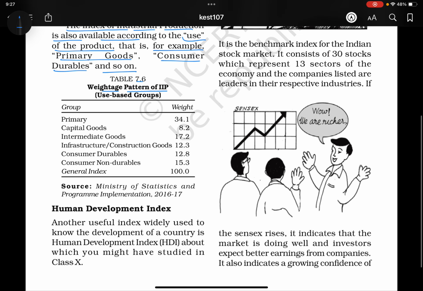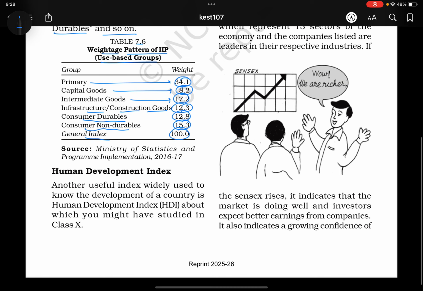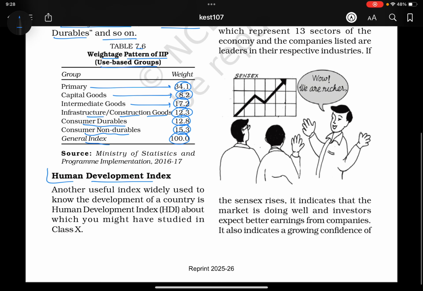Table 7.6, weightage pattern of IIP use based groups. Primary 34.1, capital goods 8.2, intermediate goods 17.2, infrastructure construction goods 12.3, consumer durables 12.8, consumer non-durables 15.3, general index 100.